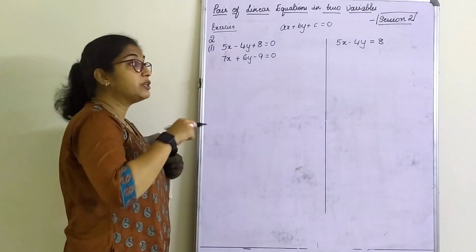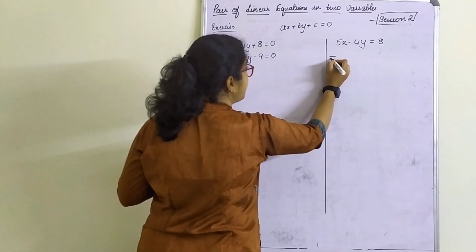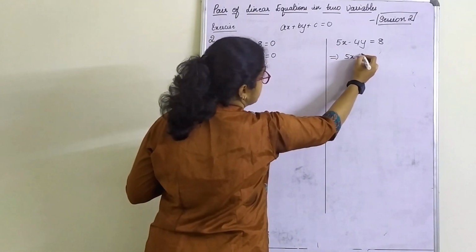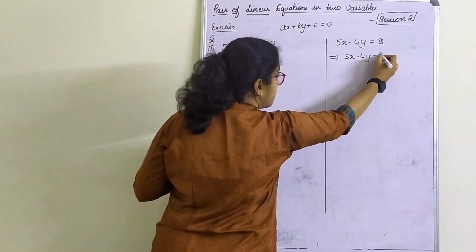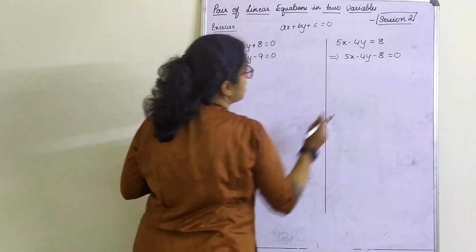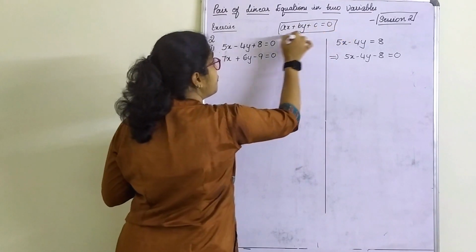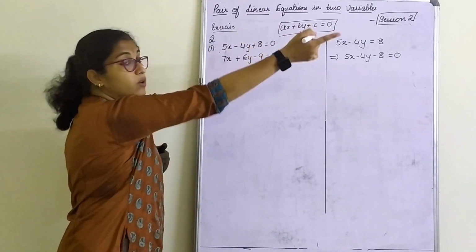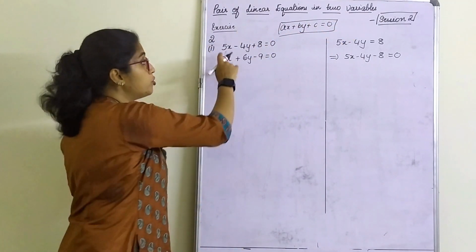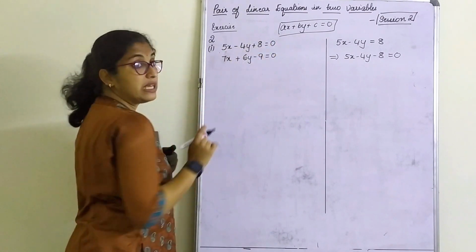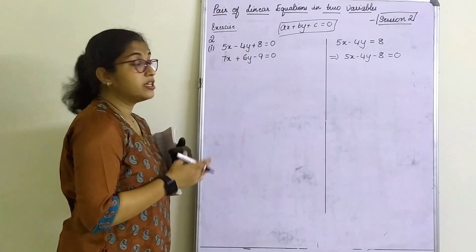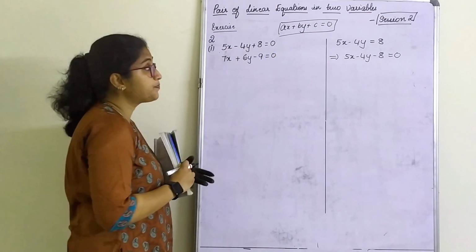That means you need to rearrange it and write it as 5x minus 4y minus 8 is equal to 0. Understood? It has to be always in this form. It cannot be in the equal-to form. C also should be on the same side, not equal to. Rearrange if it is not there. Keep that in your mind.